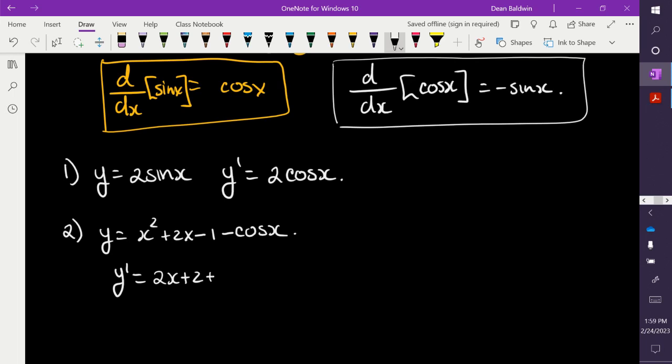Plus sine x, because the derivative of cosine is negative sine. There's already a negative in front of it. So it's sine of x. And those are the basic derivatives for sine and cosine. All right. Right now, they're not going to get any yuckier than that. Next week, they will. Doesn't that make you feel good?